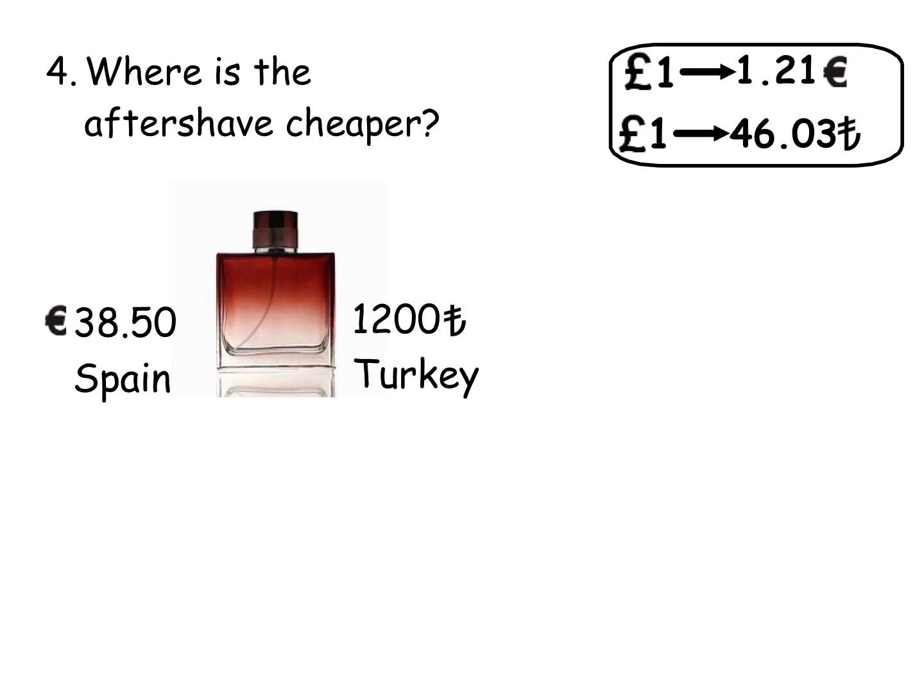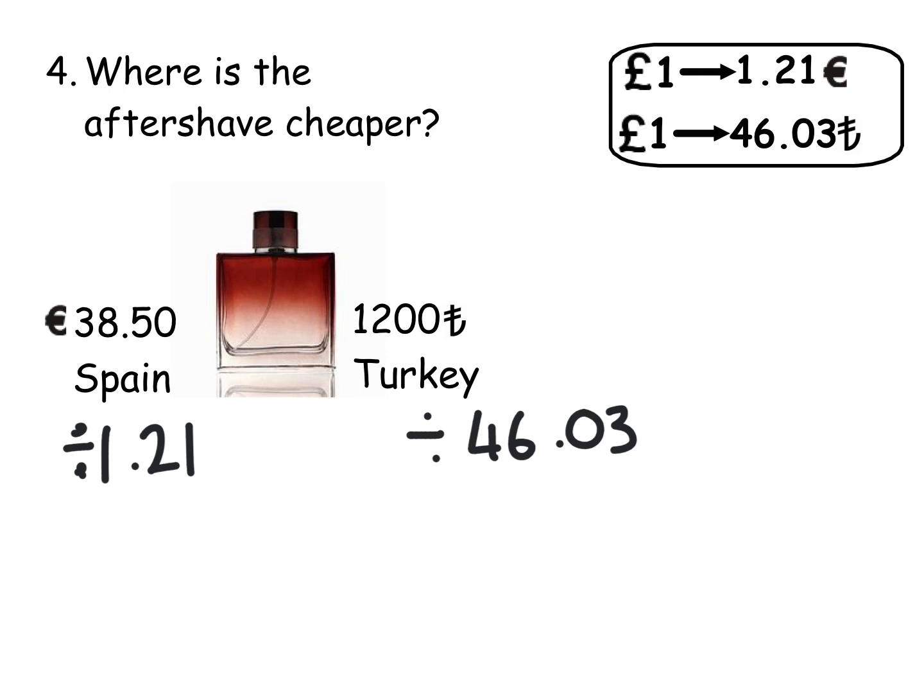So I get the left-hand side of the class to do the Spain one, the right-hand side to do the Turkey one, and then see which is cheaper. So the Spanish one, we're going to divide the 38.50 by 1.21. For the Turkey side, we are going to divide the 1200 by 46.03. Love the Turkish lira because you end up having huge numbers when you're trying to barter for things.